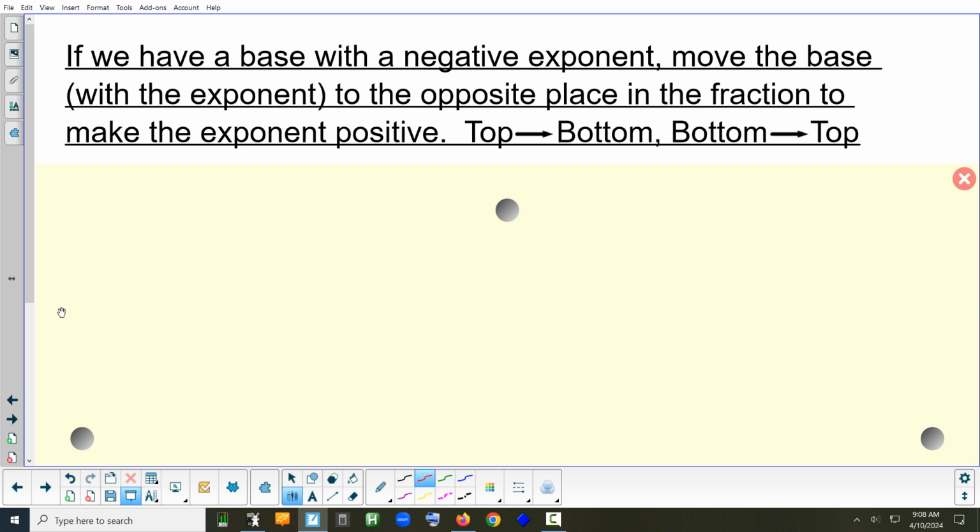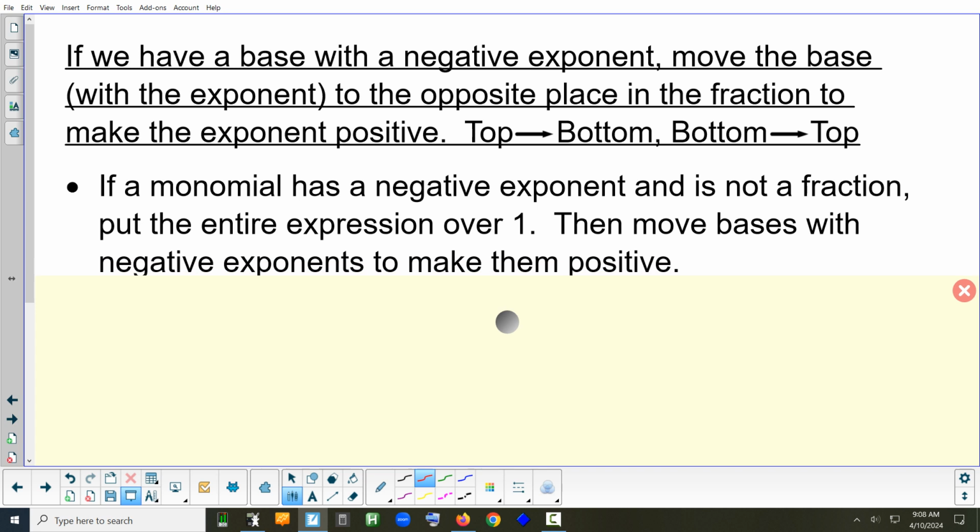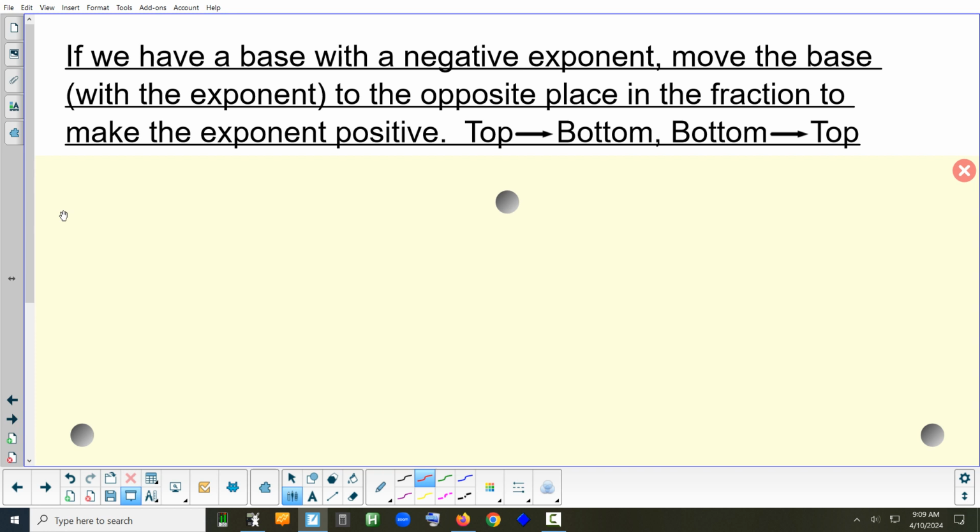If you have something with a negative exponent in the bottom, you move it to the top. Okay, so that's the only new thing for today.